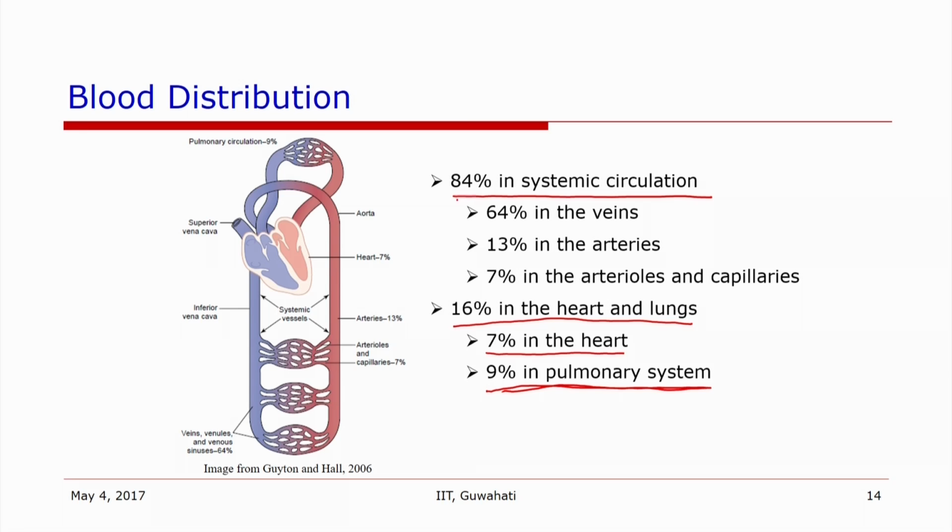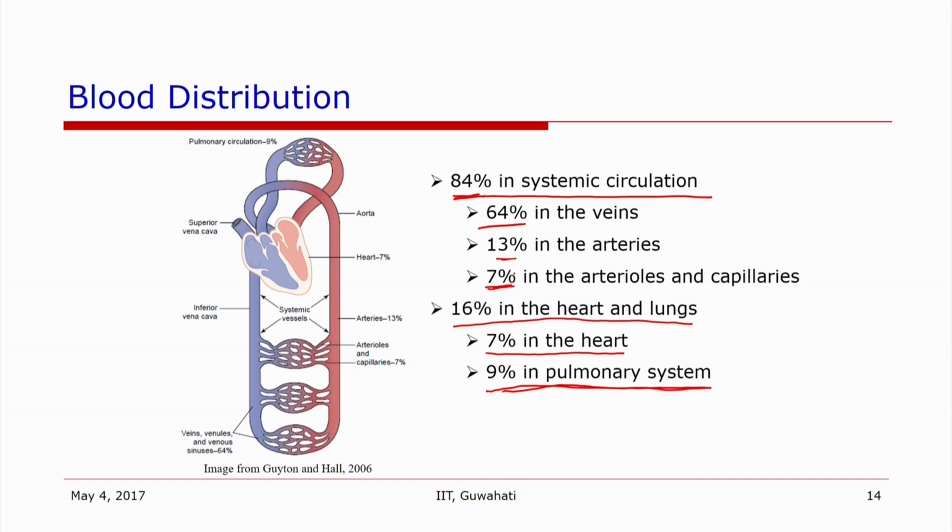Note that out of the 84% of blood in the systemic circulation, 64% is in the veins, 13% is in the arteries, and only 7%, which is where the exchange is happening, is in the arterioles and capillaries.